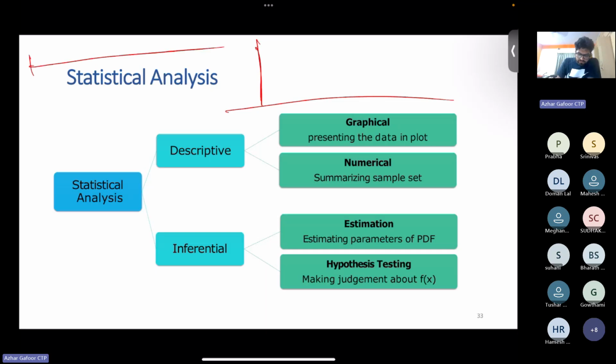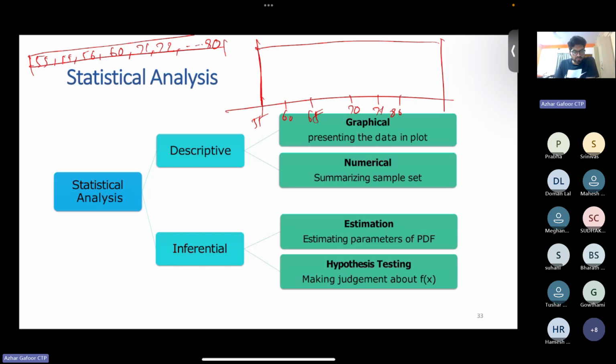We have a lot of values: if this is the entire sample, we have 55, 55, then 56, 60, 71, 72, up to, let's say, 80. In the graphical method, we make bins: 55, 60, 65, 70, up to 75, 80.